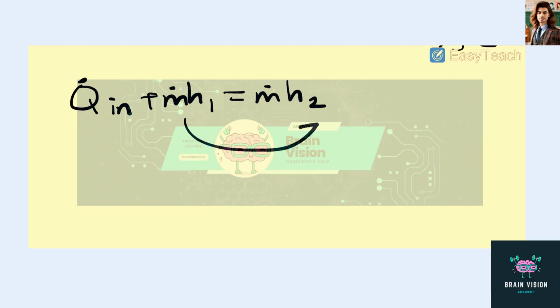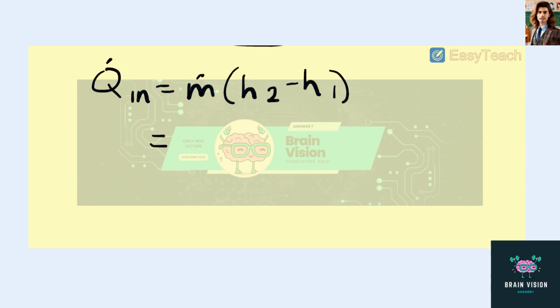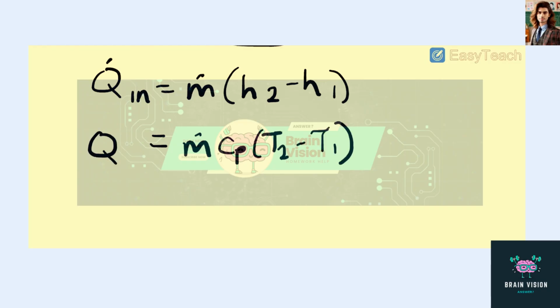We can solve for Q in, so that Q in is equal to m dot (h2 minus h1), and using the definition of enthalpy using temperature and specific heat, m dot Cp (T2 minus T1) is equal to our Q dot in.